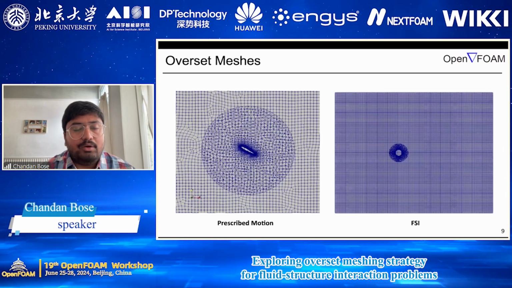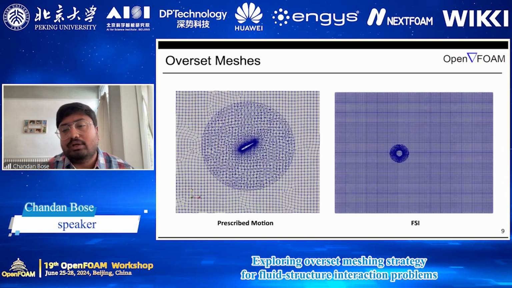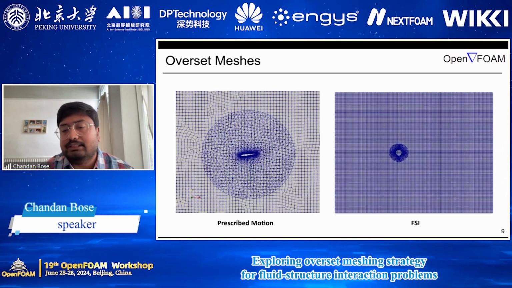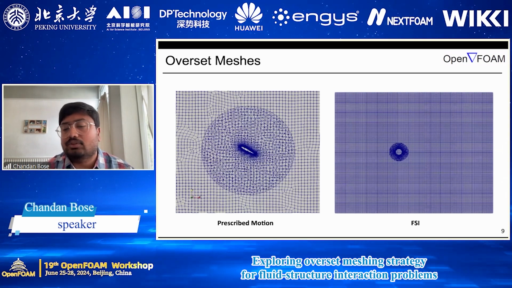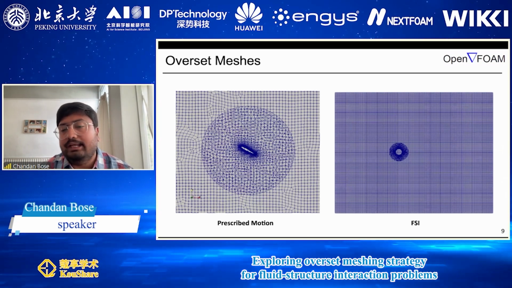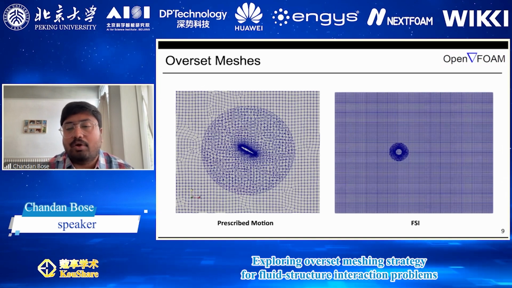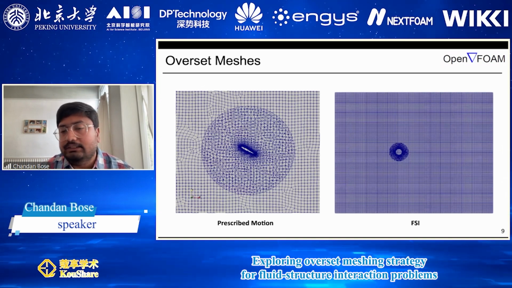Now, in overset mesh, besides the prescribed motion, we can also use fluid structure interaction algorithms. One class of fluid structure interaction problem that I will mostly discuss today is the partitioned approach, coupling fluid and solid problems with limited degrees of freedom.